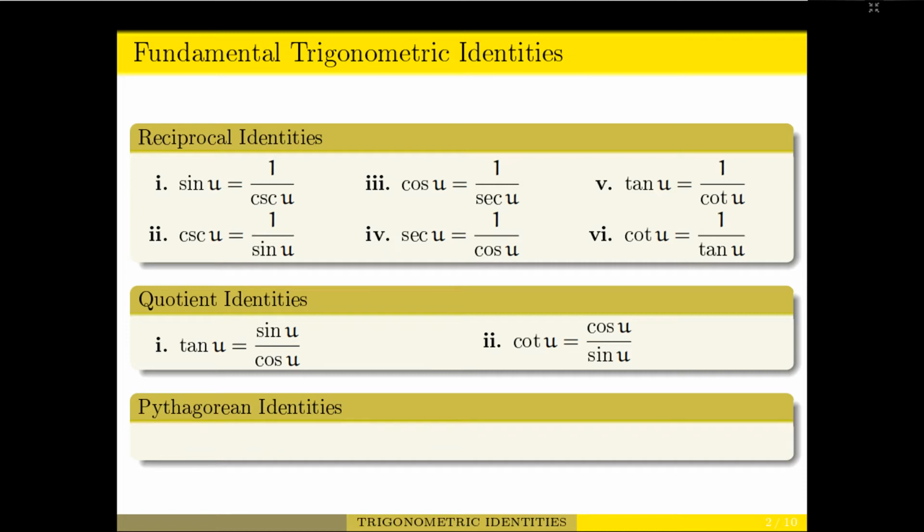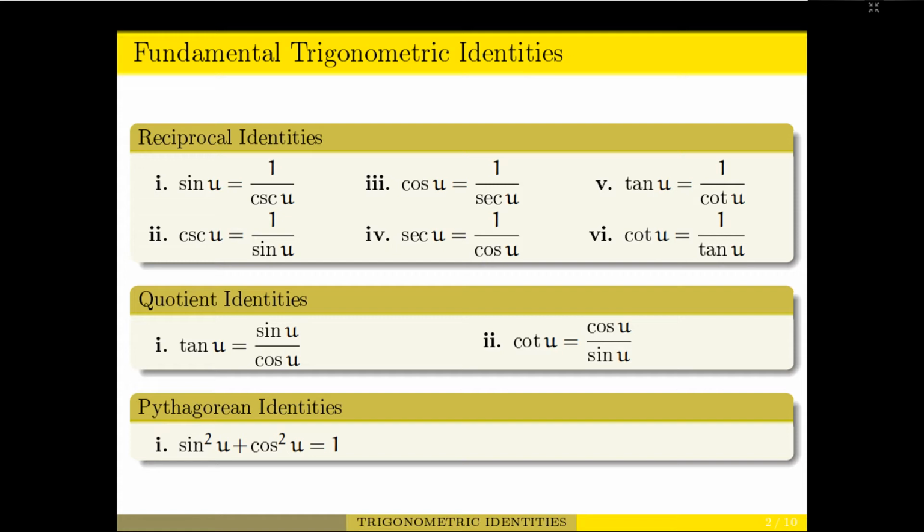The next identities are the Pythagorean identities. We have sine squared u plus cosine squared u is equivalent to 1. Now, we can derive the other Pythagorean identities using this identity by dividing all of the terms by either sine squared or cosine squared.